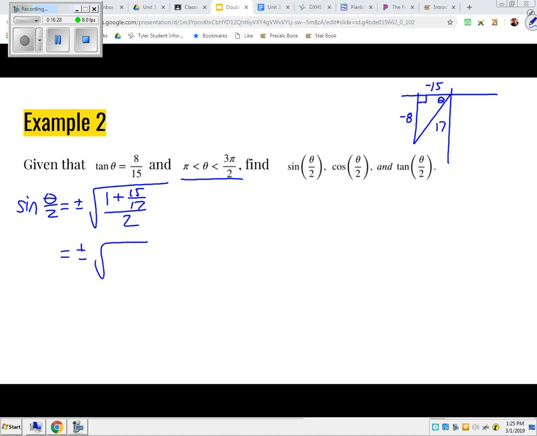We'll get there. We'll get there. 1 plus 15 seventeenths. 32 seventeenths. Okay, multiply by 1/2.